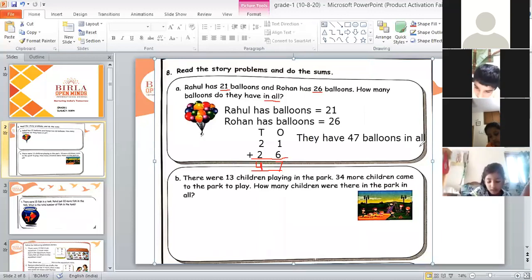And whenever this word 'in all' is there, you have to do addition. Remember this thing, children. You have to do addition. Start writing this and please write correct spelling, children.